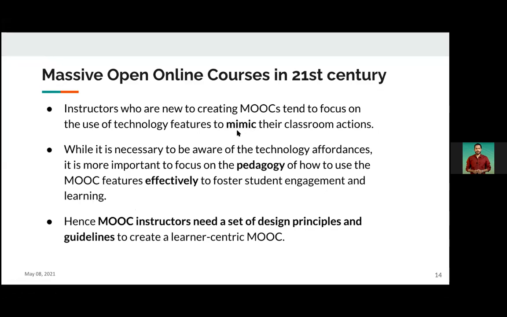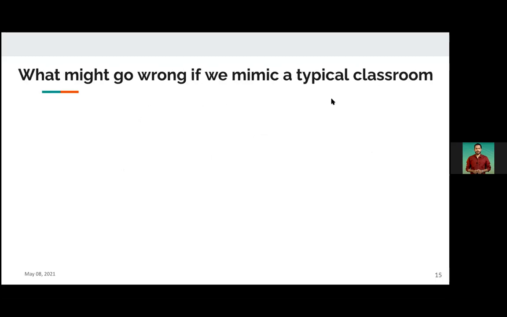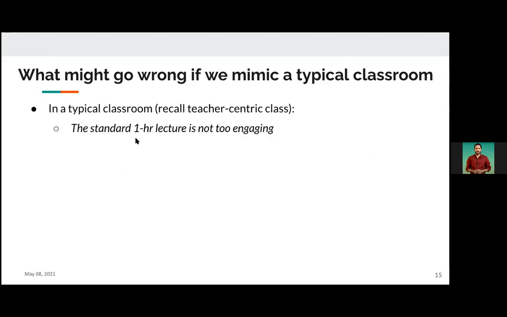So in order to talk about this first point, what might go wrong if we just mimic a typical classroom? Basically, a typical classroom, you can recall, is the teacher-centric class. So normally in the typical classroom, the lecture could be 1 hour and may not be too engaging. The lecture and homework at the end is known to be not too effective.